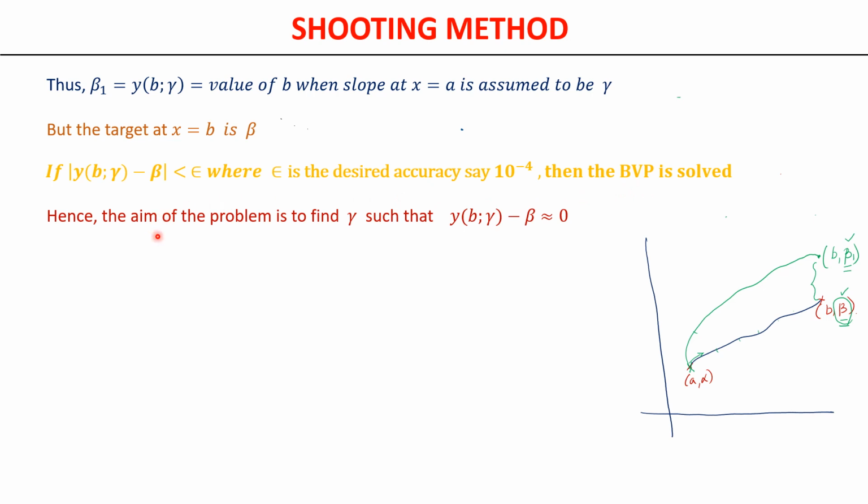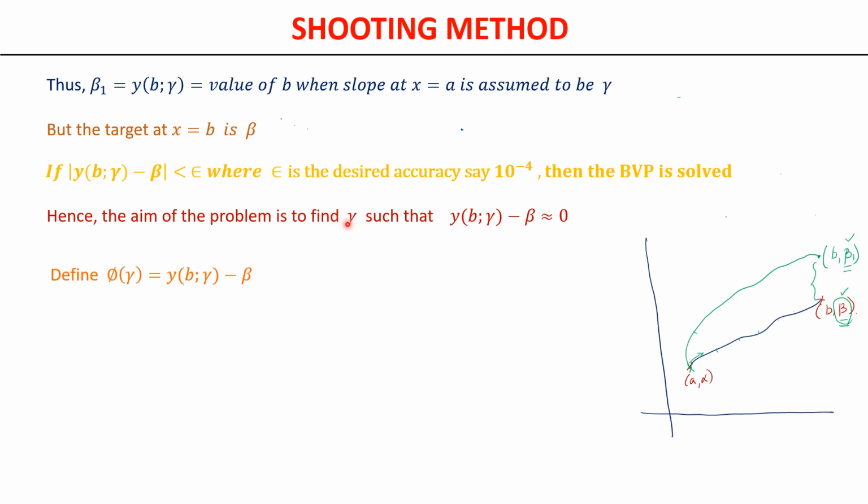So what is the aim of the problem now? It is to find that value of gamma in such a way that the difference between the y value at b using the new gamma and beta, which is the target, is almost 0. I don't say equal to, but it is almost 0. So this is the aim: to find that particular value of gamma.